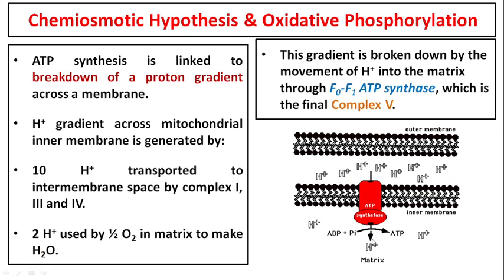But this movement is through F0F1 ATPase, also known as complex 5, the final complex in the electron transport chain and oxidative phosphorylation. When H plus is transported through this F0F1 ATPase, ADP, adenosine diphosphate, plus inorganic phosphate is converted into ATP.